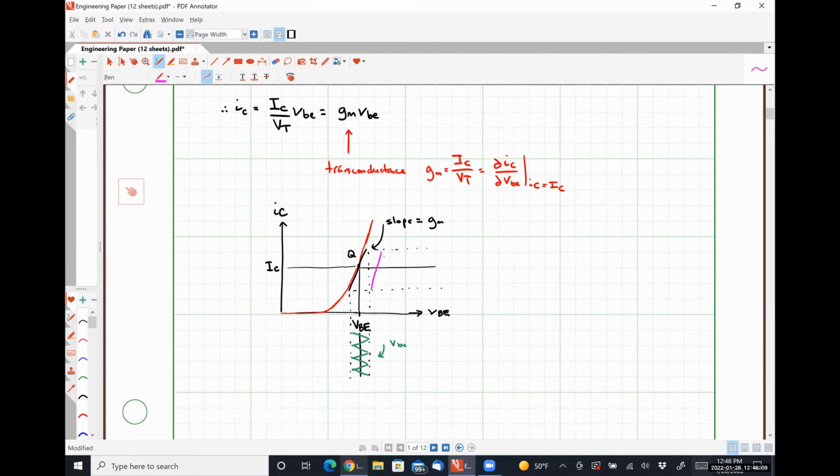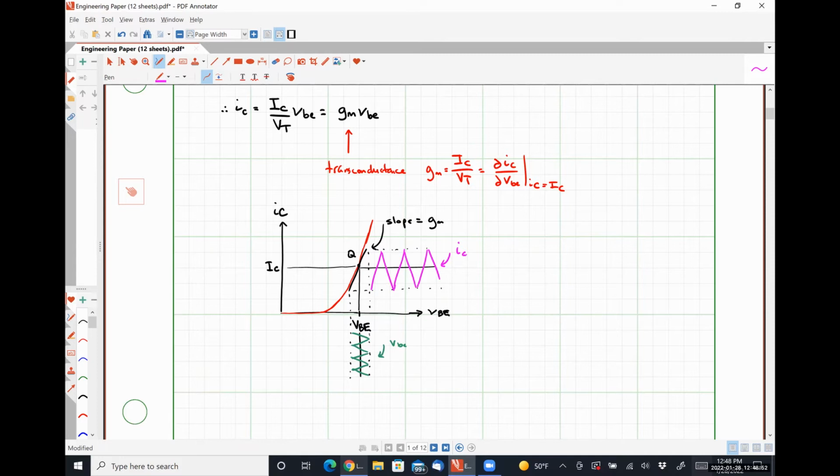Then this represents lowercase ic, or change in our collector current. So this graph literally depicts exactly why amplification occurs. And we can plot VCE and effectively see that it's just going to be a larger version of the VBE signal. Depending on the configuration of the amplifier, it might be inverted, it might not. We'll talk about all that a bit later.